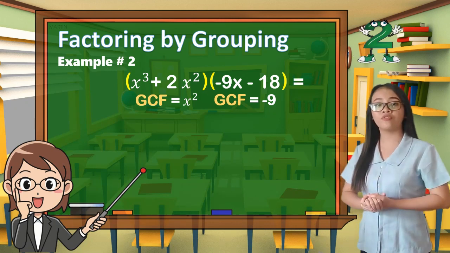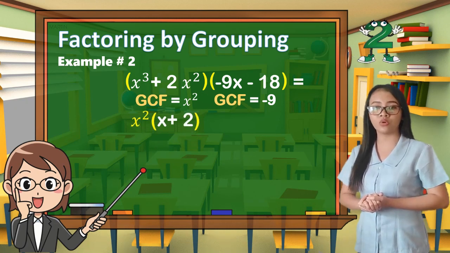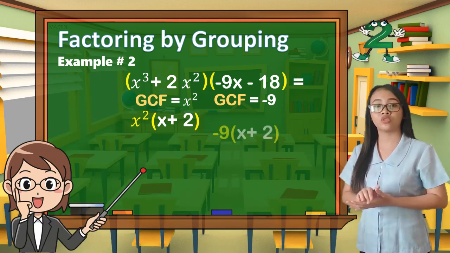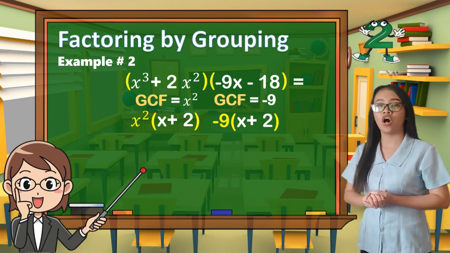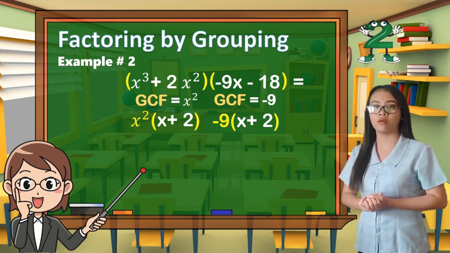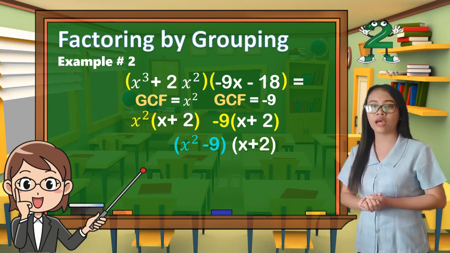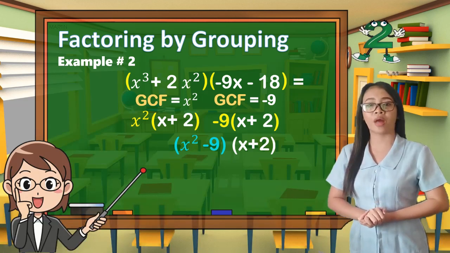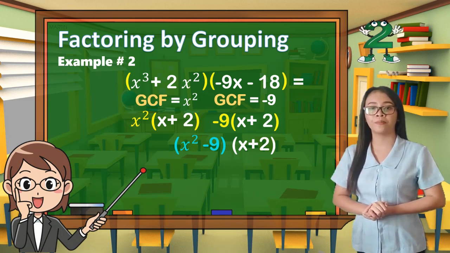So our factored form would be x squared times x plus 2 minus 9 times x plus 2. As you can see, in our parentheses is our common factor of the first term and second term. So we have x squared minus 9 times x plus 2. You can see it can still be factored. After you use factoring by grouping, you will check if you need to simplify further.